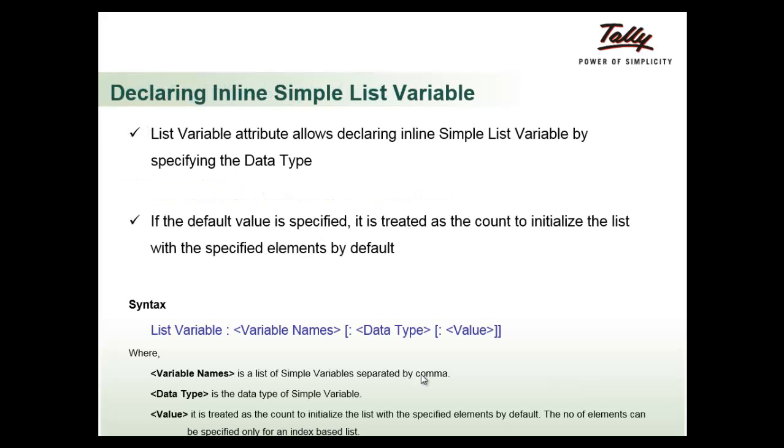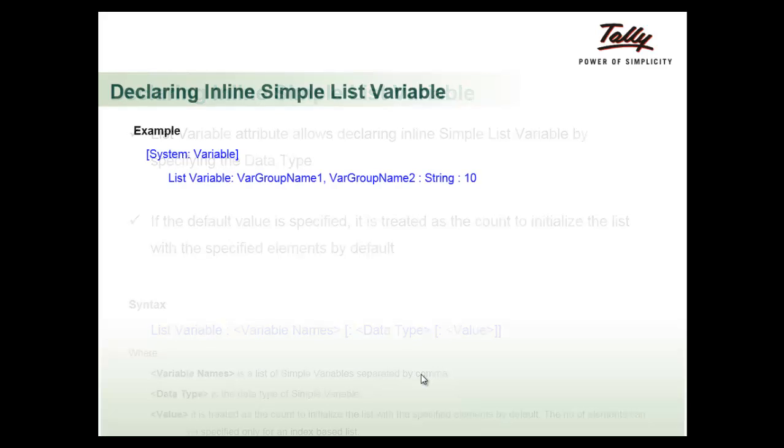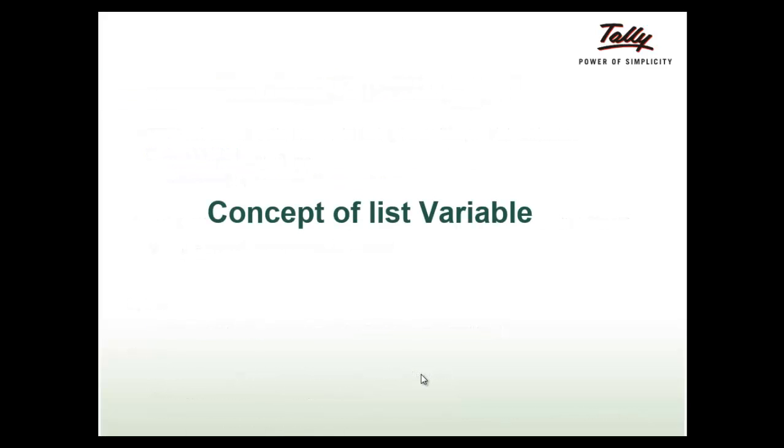And then we can also declare an inline simple list variable, where you say list variable, give the name of the variable and the data type and its value. Even here you can give multiple list variables with a separation of comma.